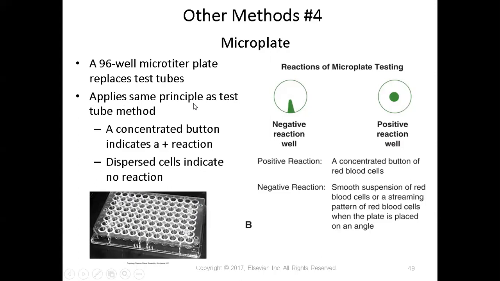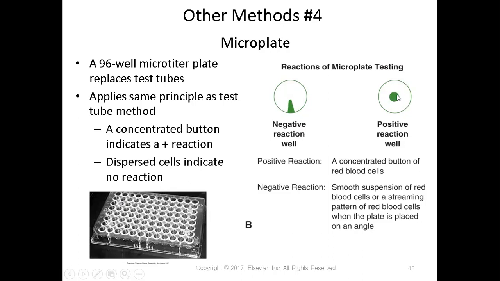The principle here is the same as the tube method, okay? So testing is just going to take place on a smaller scale, in the well of a microtiter plate instead of in a tube. With this method, a concentrated button indicates a positive reaction, okay? So what do we mean by a concentrated button? It looks like this in the well.